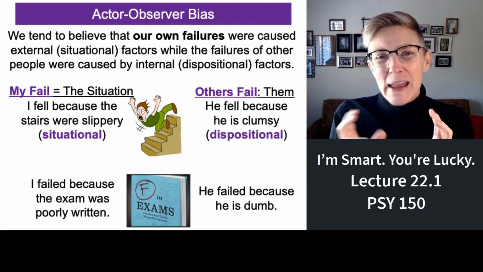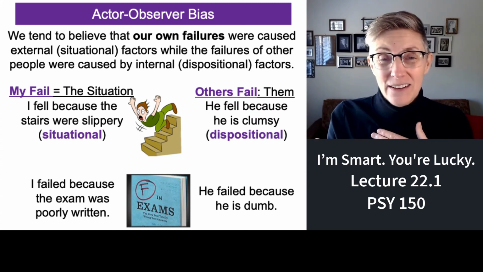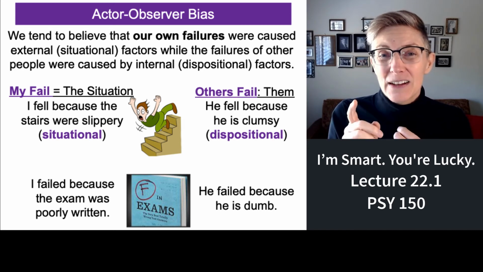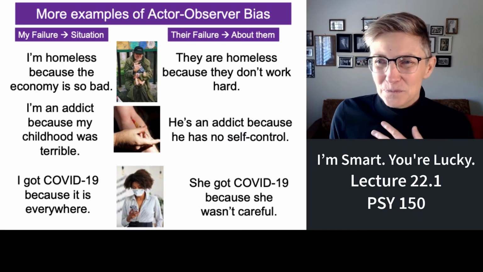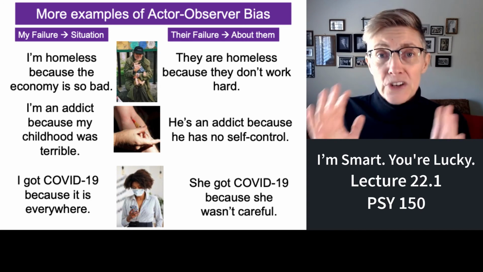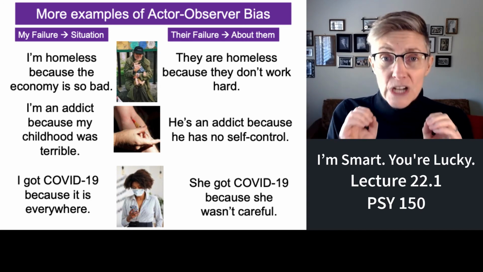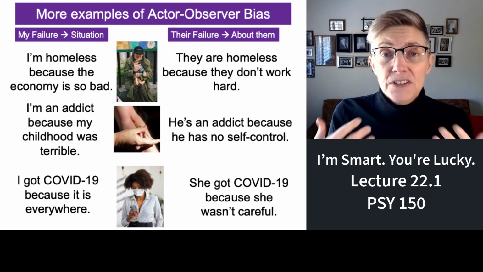The way we make attributions depends on whether we're talking about ourselves or someone else, and it also depends on whether we're talking about failures or successes. It's kind of complicated. So here are some more examples of actor-observer bias when we're talking about failure. Let's describe homelessness as failure.